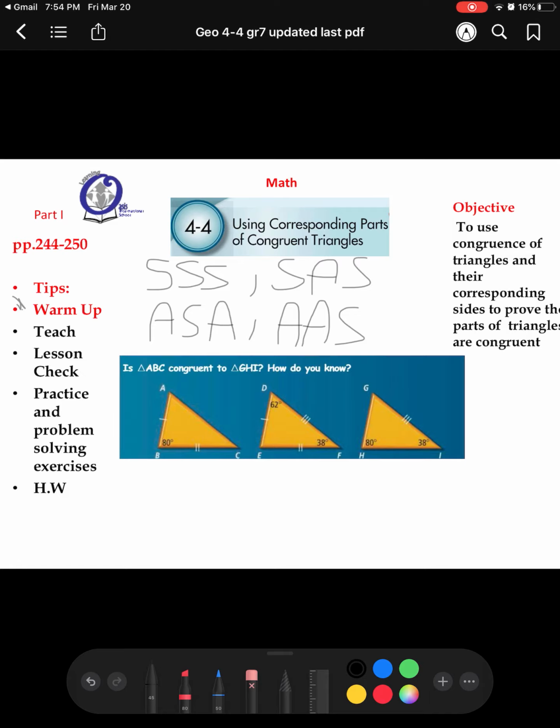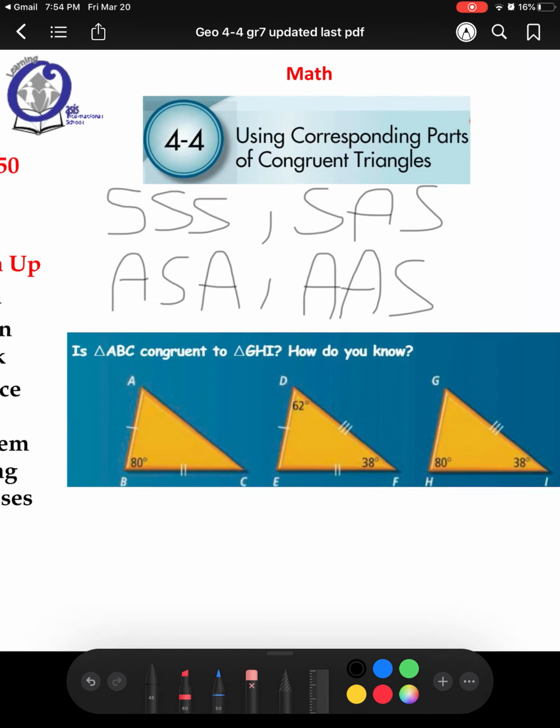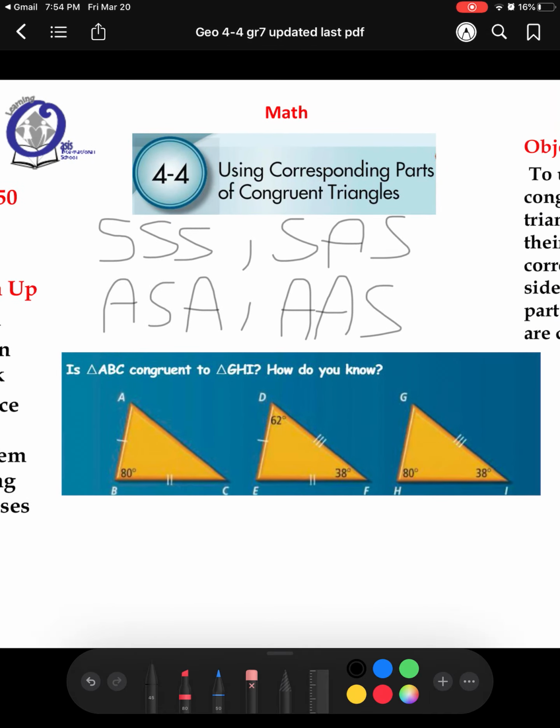Now we will look at the 2 triangles which they talk about. He said, is ABC, so we are talking about this triangle, with GHI, this is the other triangle.